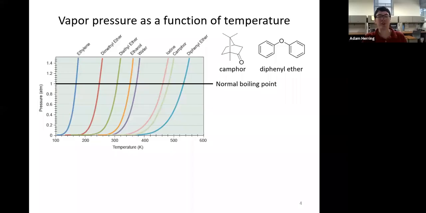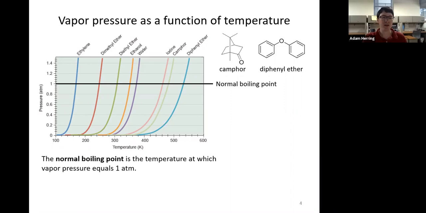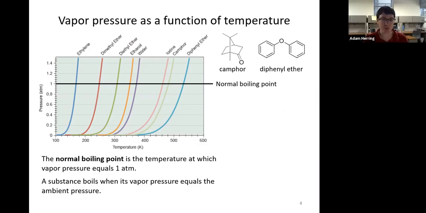At 1 atmosphere, this is what we call the normal boiling point of a substance. The normal boiling point is the temperature at which the vapor pressure equals 1 atmosphere. And the reason for this is because a substance boils when its vapor pressure is equal to the atmospheric pressure.